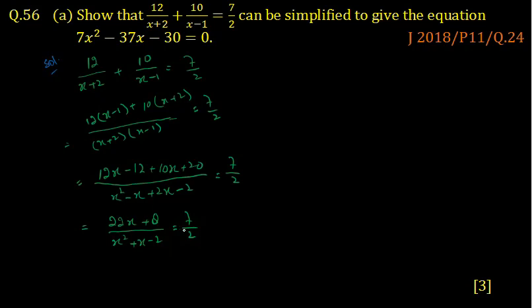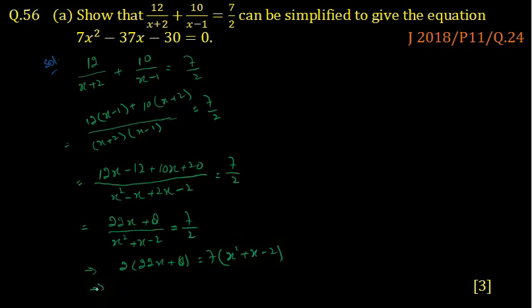Now the two fractions are across the sign of equal to, so we apply cross multiplication. 2 multiplies with the numerator 22x plus 8, and 7 multiplies the denominator, x square plus x minus 2.